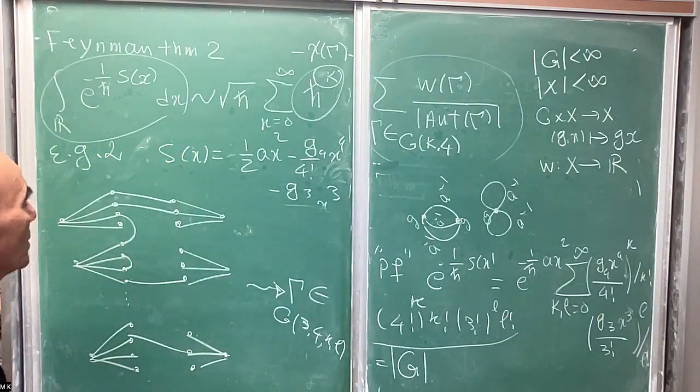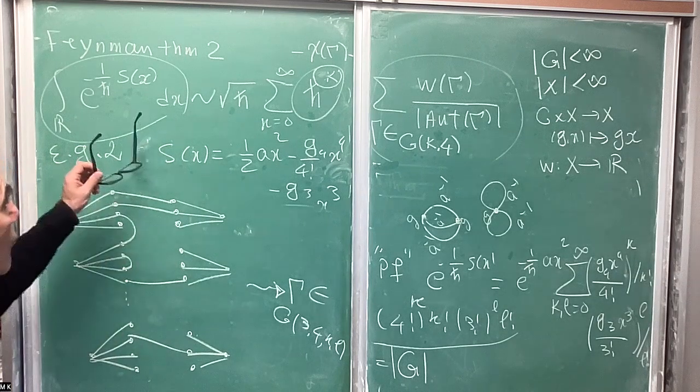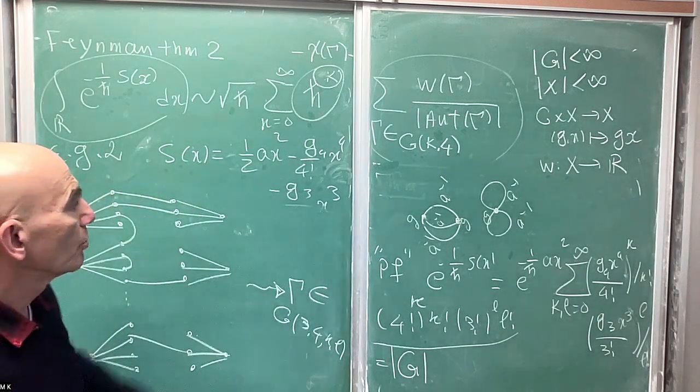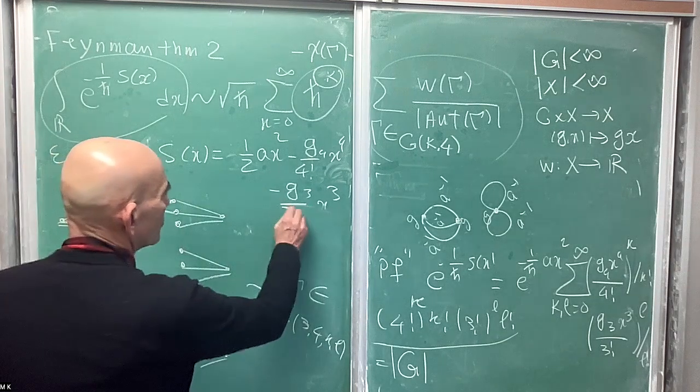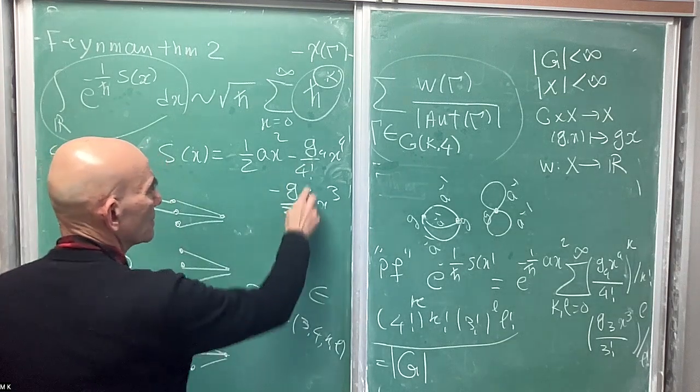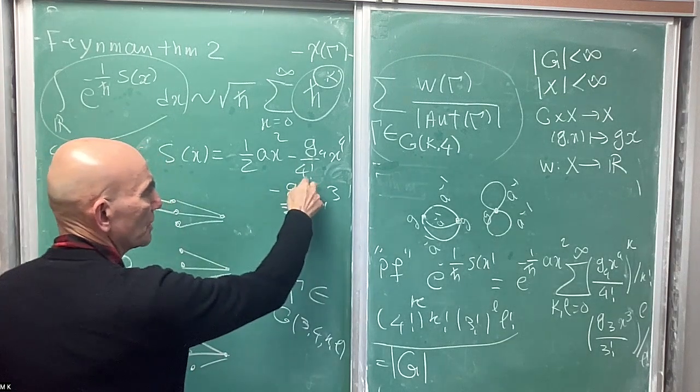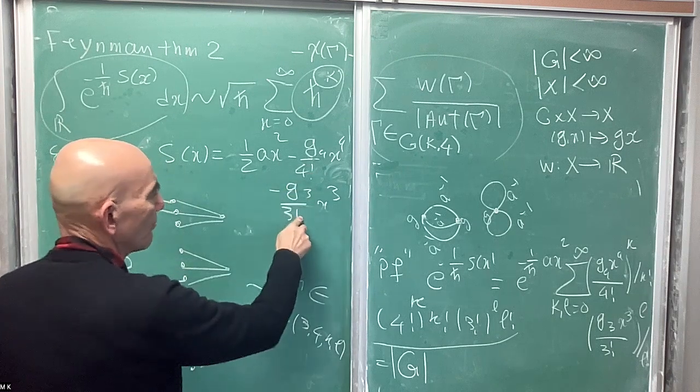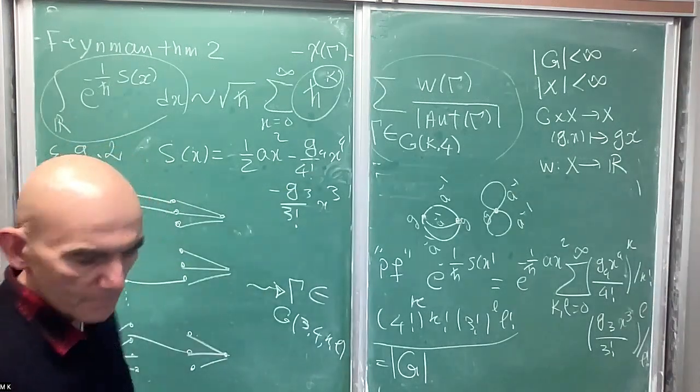So the point is that this result now works for any polynomial, but you have to write these coefficients with the right normalization, by 4 factorial, 3 factorial, and so on and so forth.